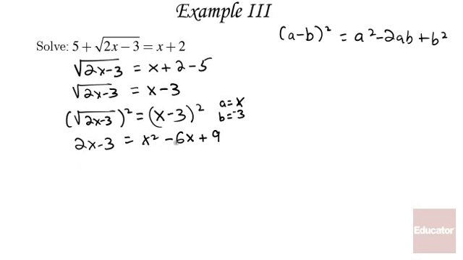Simplify this. So let's subtract 2x from both sides. That's going to give me negative 3 equals x squared minus 8x plus 9. Add 3 to both sides.